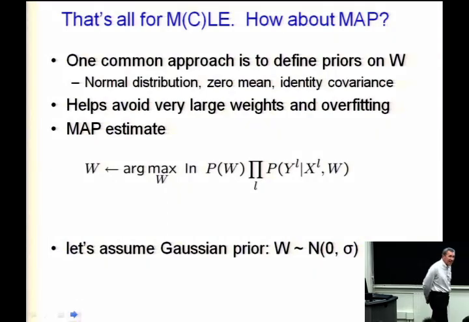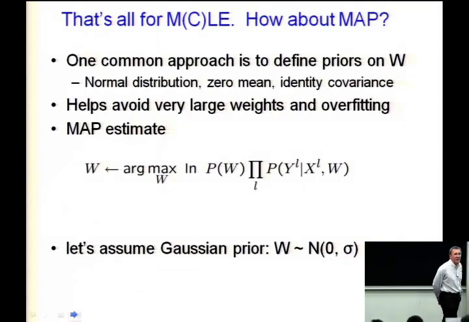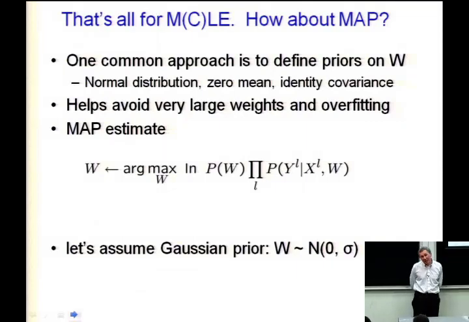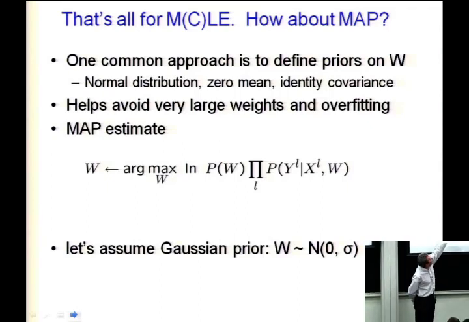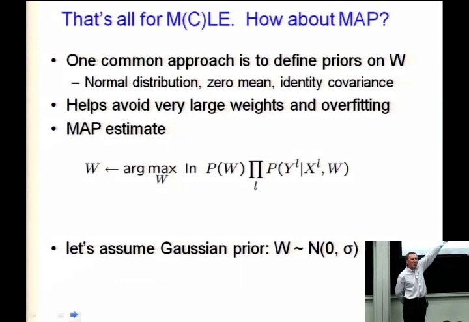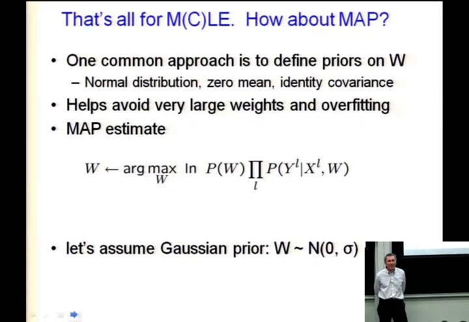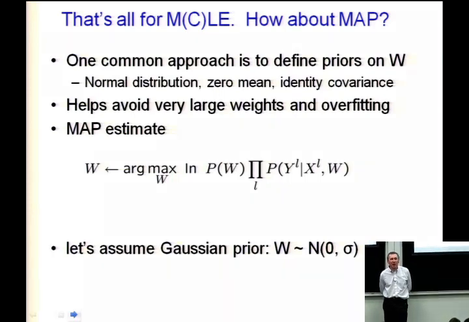It's easy to extend this from maximum conditional likelihood to maximum conditional a posteriori estimates of the W's. You can guess how to do this. Just as before, we want to put a prior on our W's. A very common way is to say we think the weights should be close to 0.